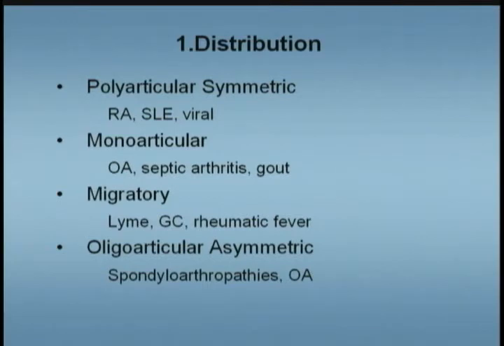So polyarticular symmetric involvement is only seen in certain diseases. The classic disease is rheumatoid arthritis. Then the other disease, because the arthritis of this disease looks exactly like rheumatoid, is lupus. But lupus is a more systemic disease.